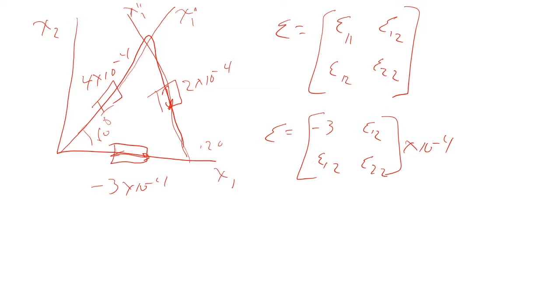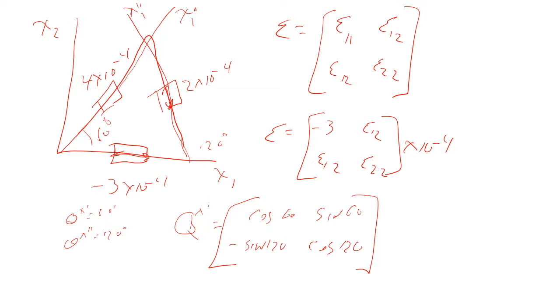This is 120 degrees because this is an equilateral triangle. So our theta to x prime is 60. Our theta to x double prime is 120 degrees. So that means our Q from x to x prime is cosine 60, sine 60, minus sine 120, cosine of 120.